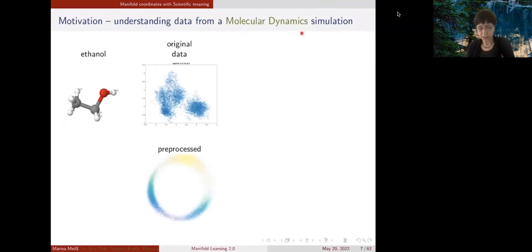Of course, these are interesting for large molecules like proteins. Here, I'm going to exemplify the work with small molecules, which are well understood by scientists, but they're still interesting for exemplifying what we want to do for larger proteins, larger molecules.